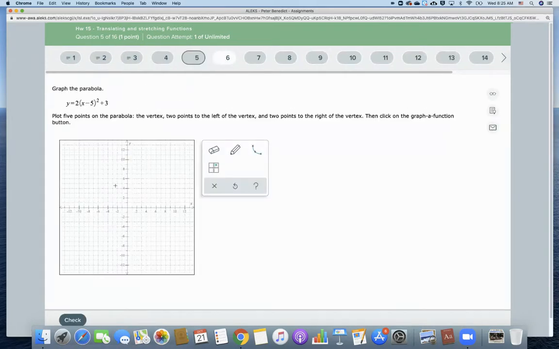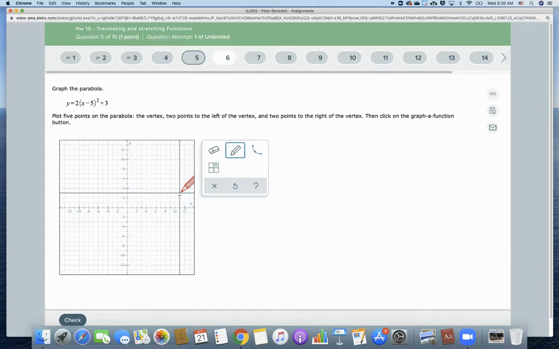All right. Now, we're going to play around a little bit with having an m today, where we're stretching things vertically, okay? And probably the easiest way to do this is just like we did yesterday, where we start with the vertex. So in this case, my vertex is positive 5, 3.